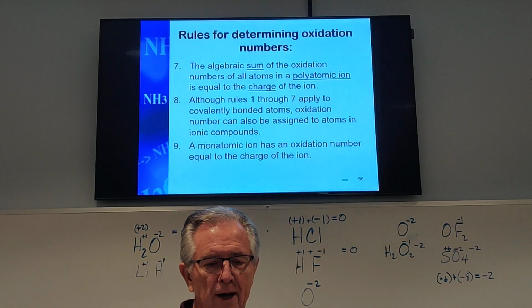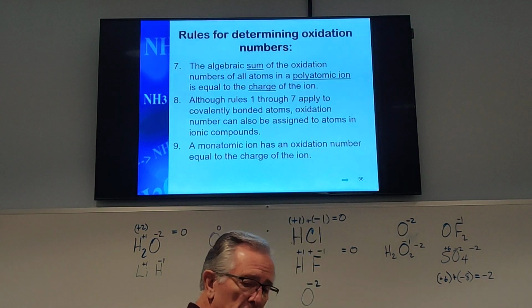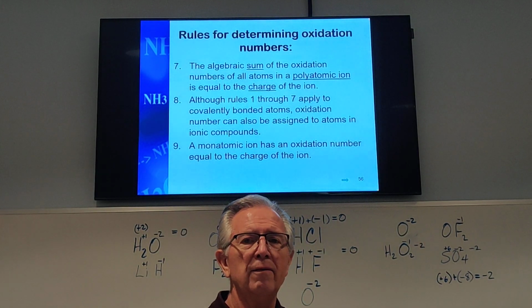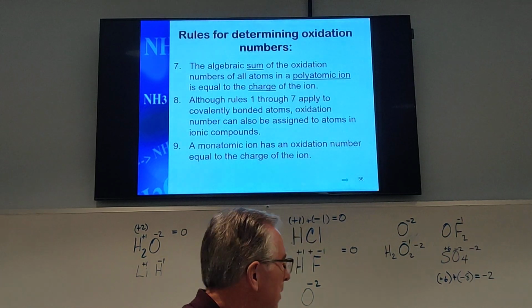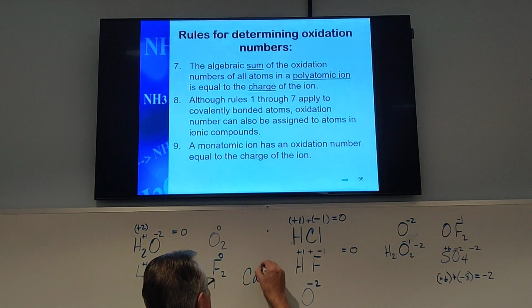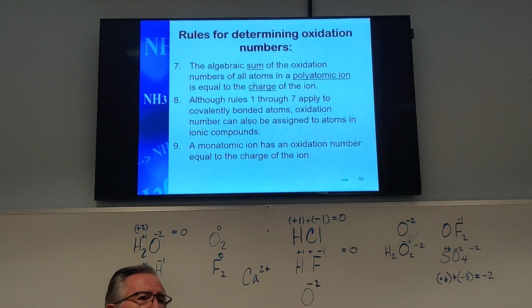And if you have a monatomic ion, it has an oxidation number that's equal to its charge. So if you look on your common ion chart and you find, let's say, calcium. Calcium is 2+, so then what would be the oxidation number for calcium? -2.